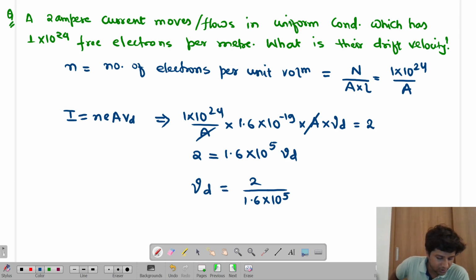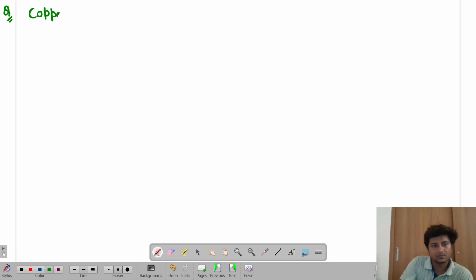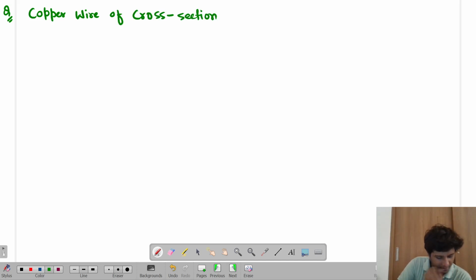Should I ask one more question? It's a little bit dependent on number of moles and all those kind of things. Okay, it says there is a copper wire of cross section 1.0 millimeter square, wide or not?